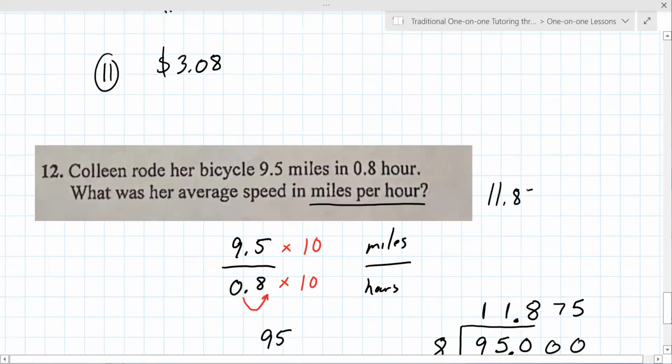So you'd want to write 11.875 miles per hour.